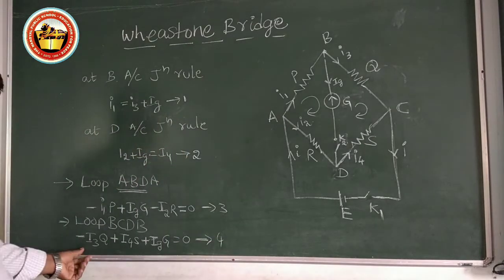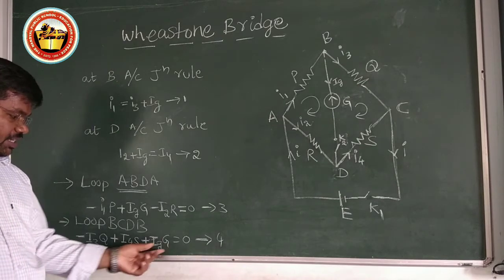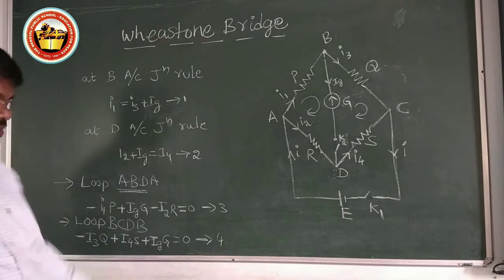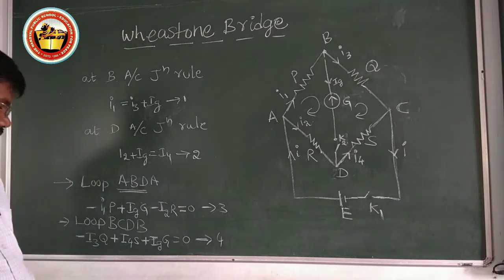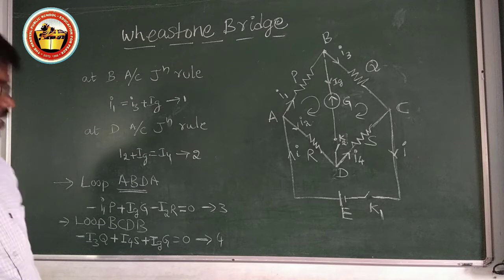Minus I3 Q plus I4 S plus Ig into G is equal to 0. Ig means the current passing through the galvanometer, and G means the resistance of the galvanometer.